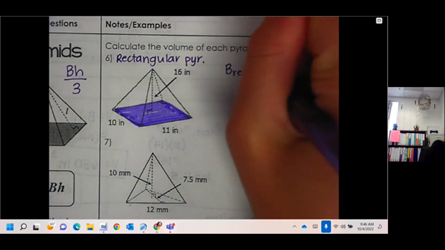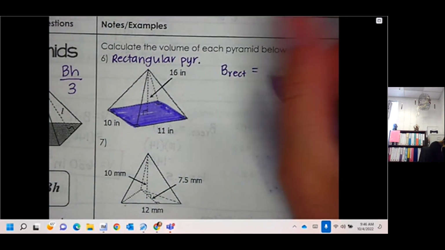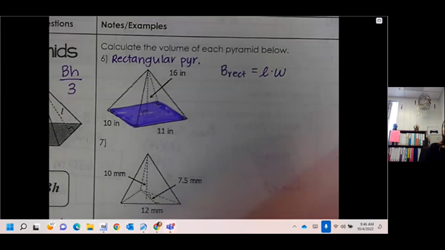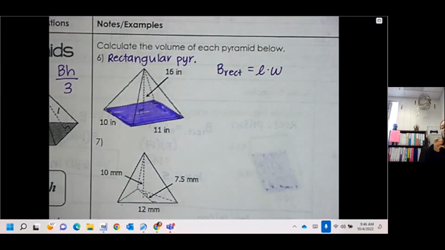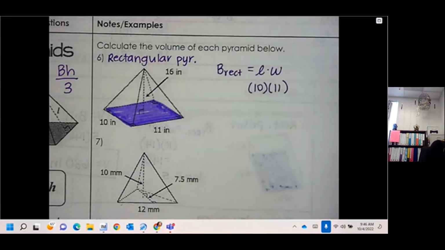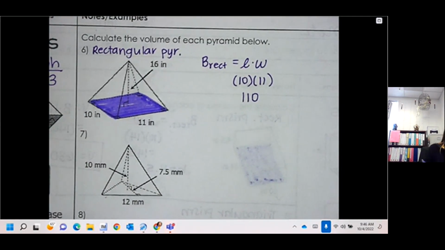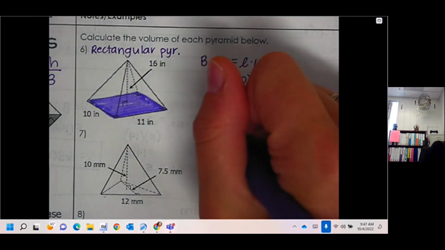Okay. How do you find the area of the rectangle? Length times width, base times height, whatever. What's the length and width of just the rectangle? Like 10 and 11. What's 10 times 11? You just add a 0. It's 110. Okay.